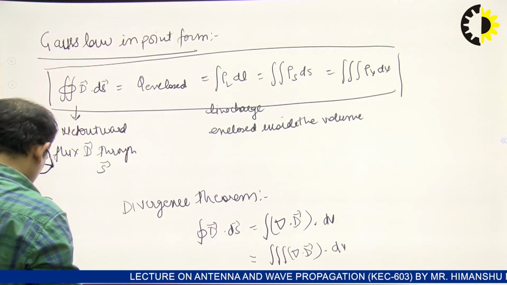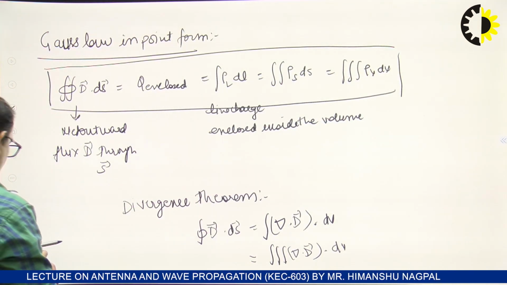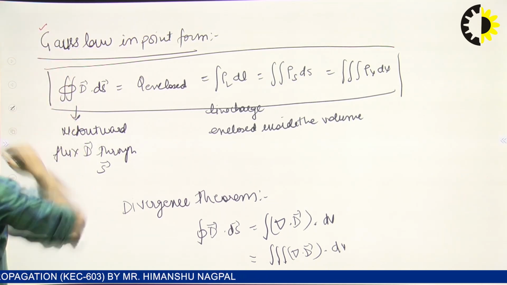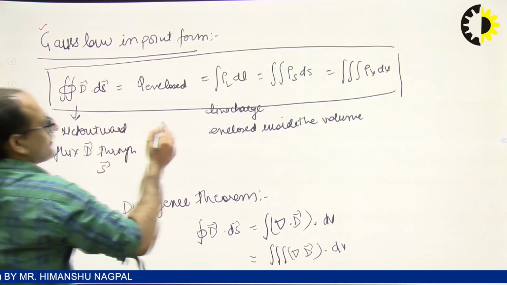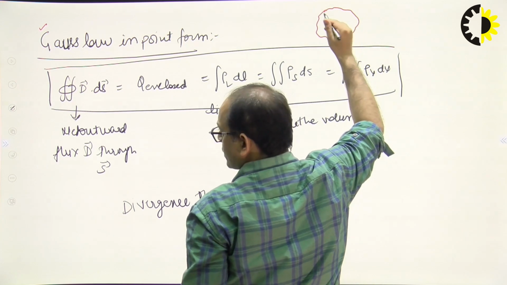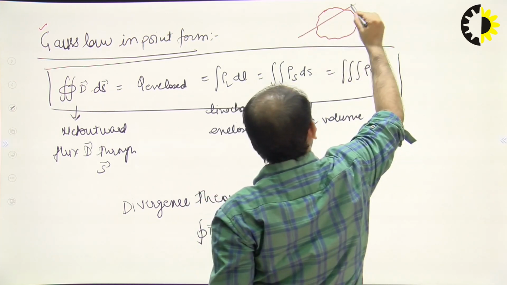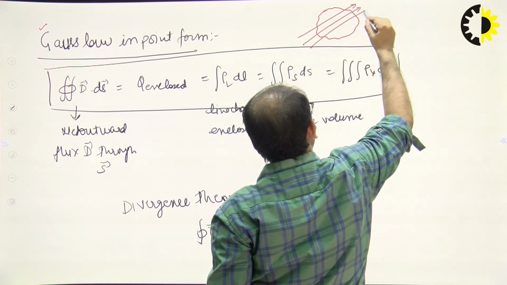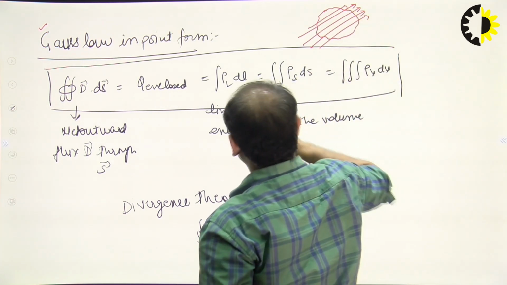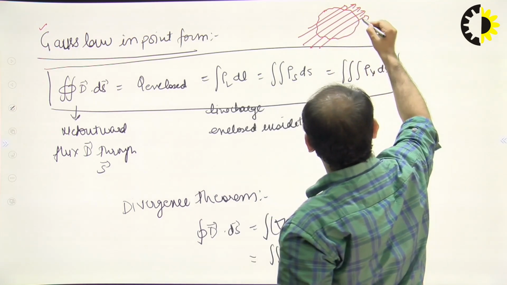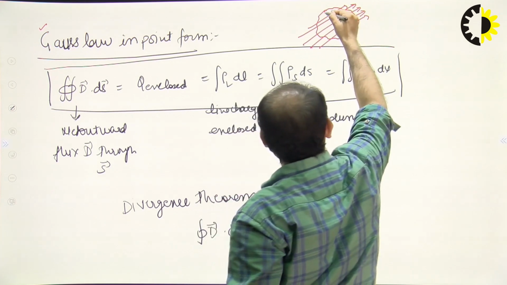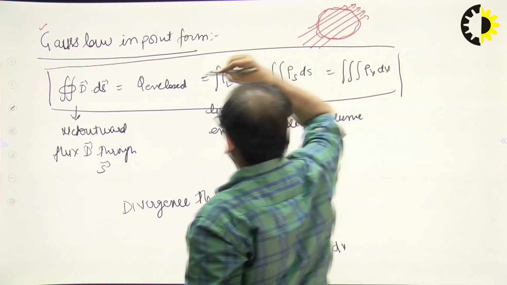Now come to the point that is Gauss law in point form. Say this is a surface and field lines are passing through it. Gauss law says that the total flux passing through this will always be equal to the total charge enclosed by this surface.